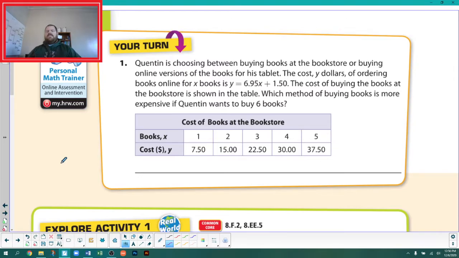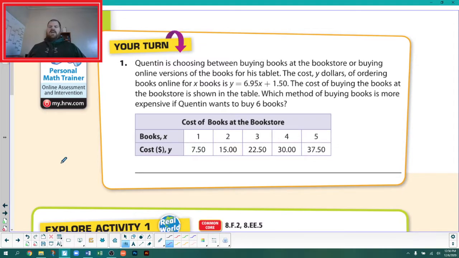Let's try this your turn problem. It says that Quentin is choosing between buying books at the bookstore or buying online versions for his tablet. So whether he wants the physical books or the digital books.